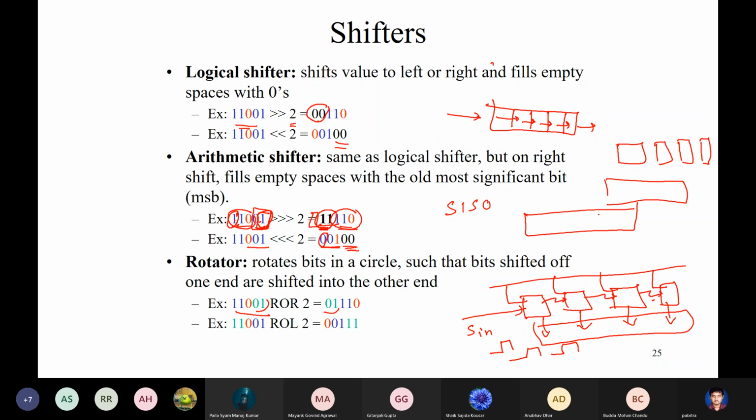What would you need for a parallel in, serial out? 4 inputs and 1 serial output. Yeah, but how do you get the serial output? Serial output means it would look like a train of data, so you have to get them one by one.